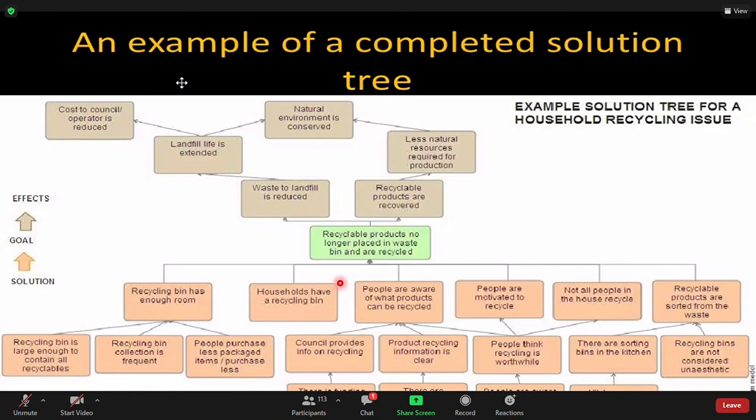So there's already an immediate solution to that cause, so no need to go further for other causes of that particular cause. Another: people are aware of what products can be recycled because the council provides information, and recycling is now a policy, and they were able to give a funding solution for that problem.